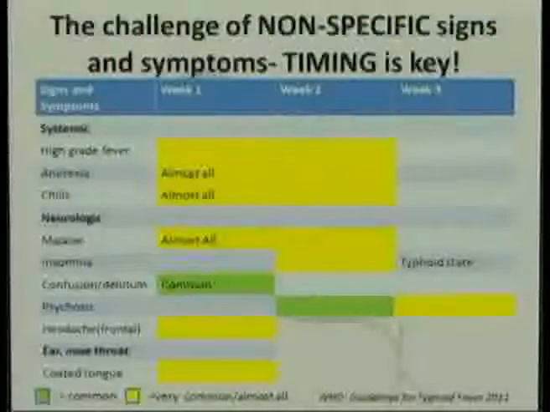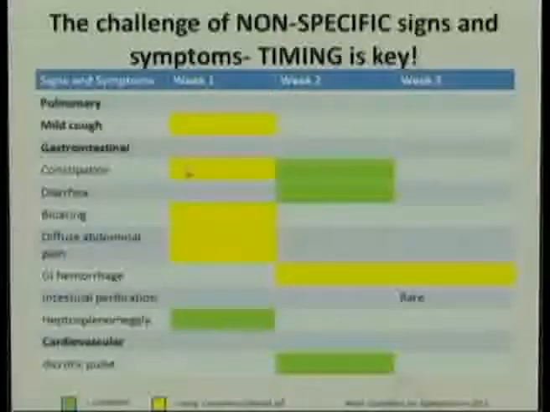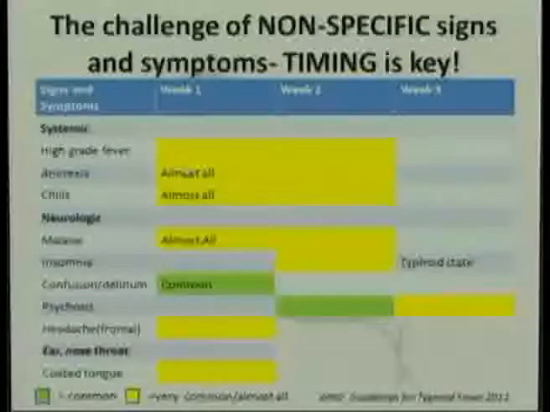I think one of the things that can actually help us just a little bit to lessen the confusion is know the timing when the symptomatology occur. So these are symptoms of an untreated typhoid patient. If you look at week 1, so we go week 1, of course you have your non-specific signs and symptoms here.